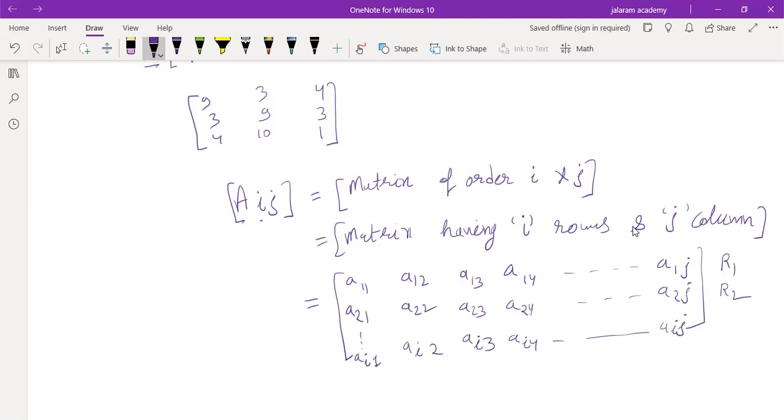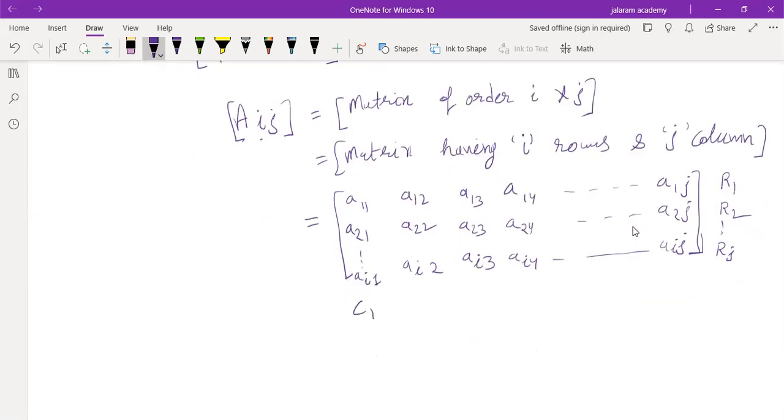Is that clear to you? Now this is C1, means column 1, C2 means column 2, C3 means column 3, C4 means column 4, and so on up to Cj means jth column.